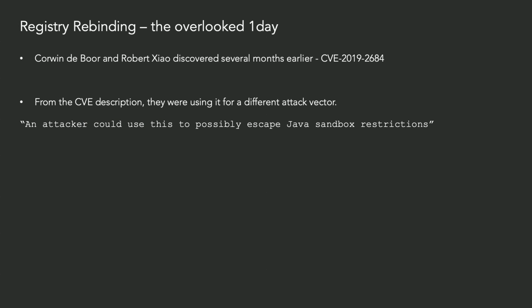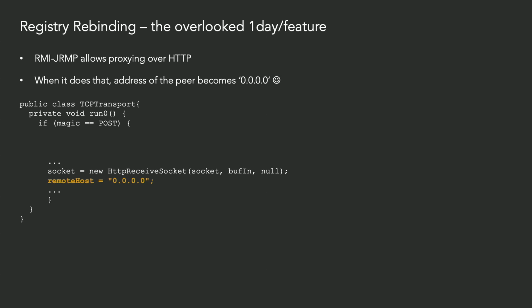And this actually had been discovered several months earlier as CVE-2019-2684. But from the CVE description, they were using it for a different attack vector, which is a sandbox escape, not related to this exploit. And there's also another cool feature, which is that RMI JRMP allows proxying over HTTP.